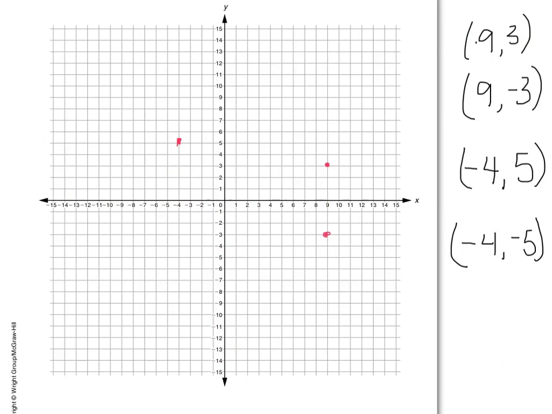And then lastly, we have negative 4, negative 5. So I'm always going to start with the horizontal. So I go across to negative 4, and then the second number is negative, so I'm going to go down to negative 5. So that's my point. Do you notice that those two are opposite of one another as well?